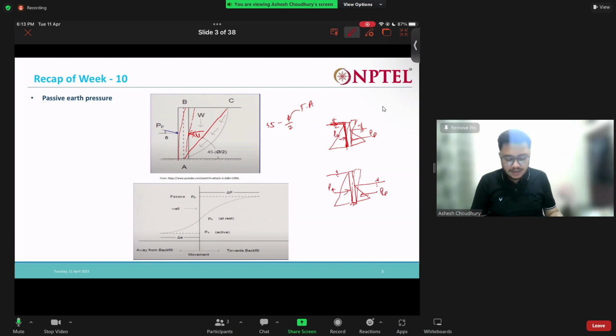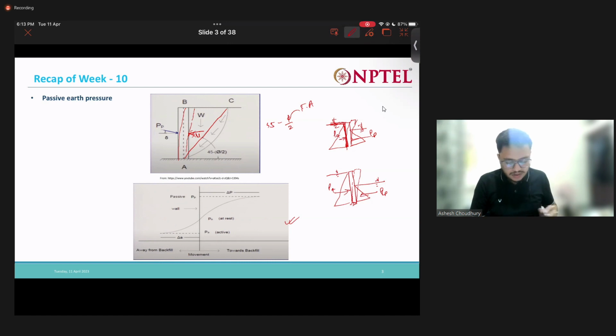Now if you look at this figure, we will see that for the passive case, for this passive force PP to get completely mobilized, you need a large amount of movement compared to the active case.